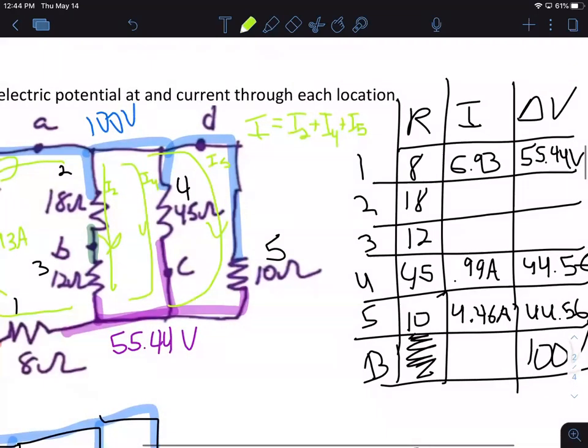We know the total current is 6.93. We know this is 0.99. You know this is 4.46. So we can find what this current needs to be. It needs to be 6.93 minus 0.99 minus 4.46. So it needs to be 1.48 going down this branch.